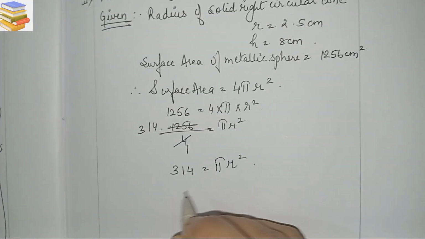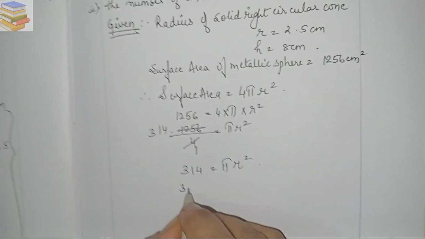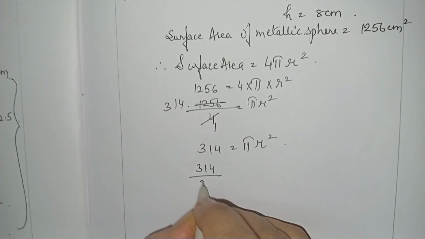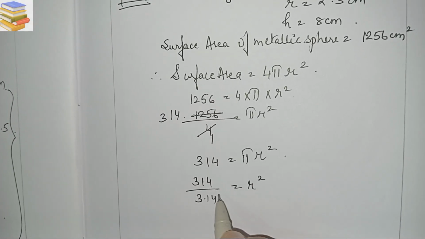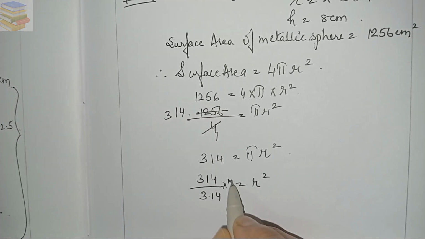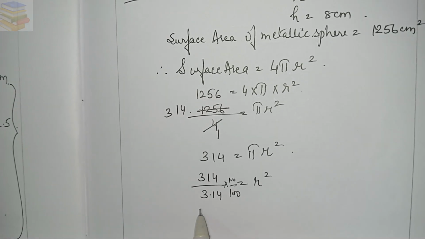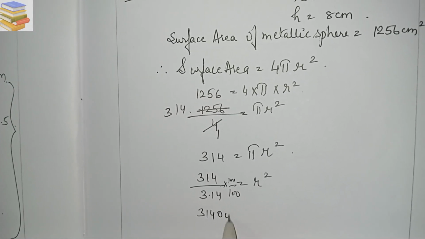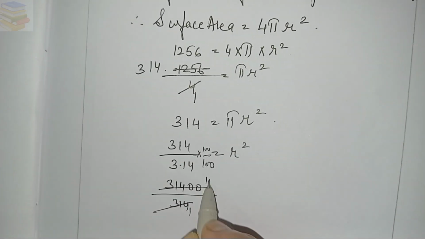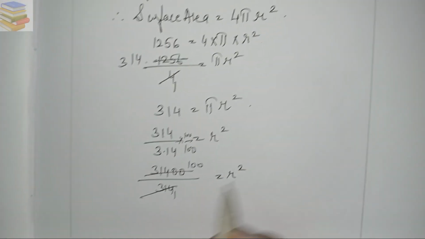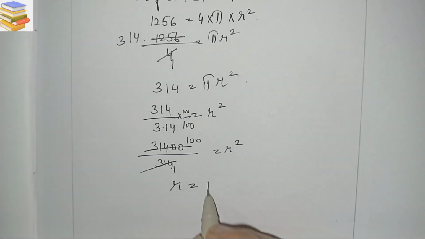They've stated that you can use 3.14. So 314 over 3.14 is equal to r square. Multiplying by 100 over 100, 31400 over 314 is 100. R square is 100, so r is equal to 10 centimeters.